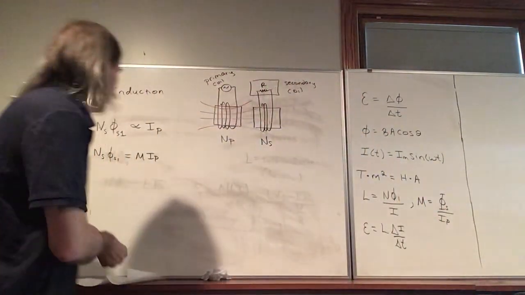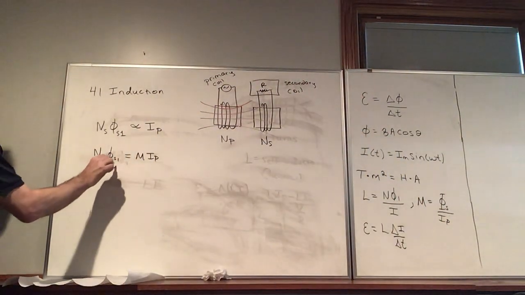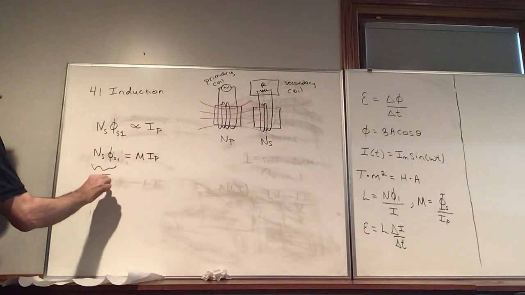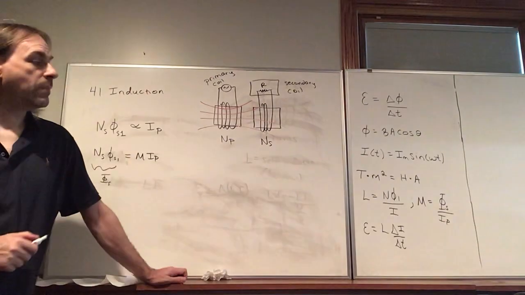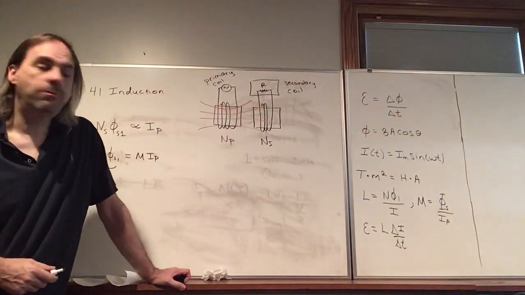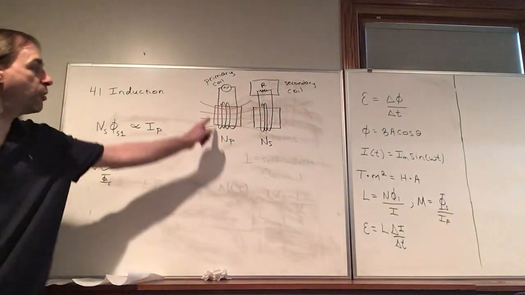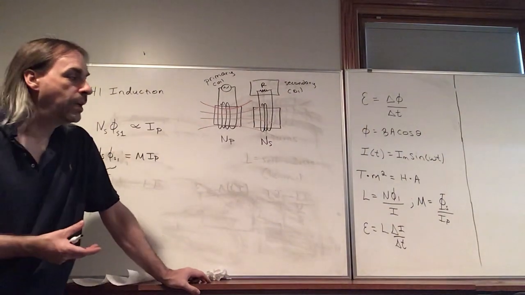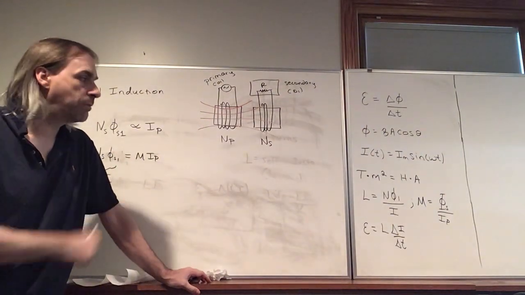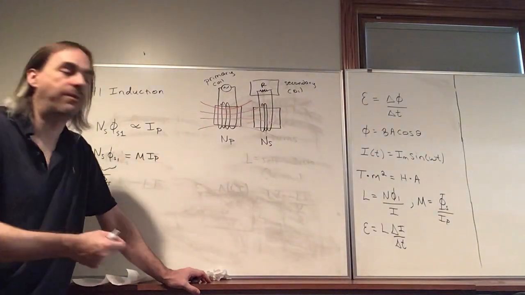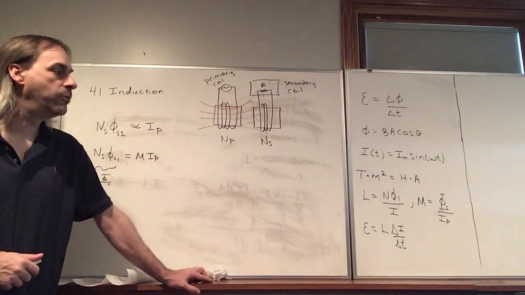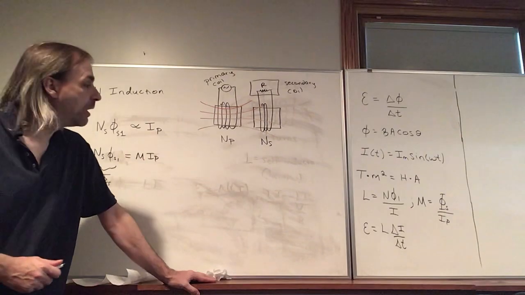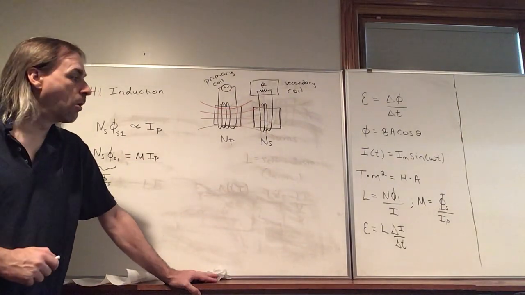Let's just call this the flux in the secondary coil. All right. So for the mutual inductance, we'd have some current in the primary coil, take the flux in the secondary coil, and divide by whatever current we had in the primary. That's how we would define mutual inductance. And it plays a very similar role.